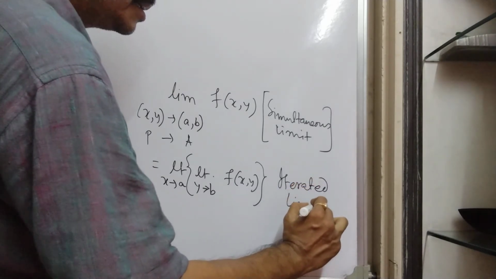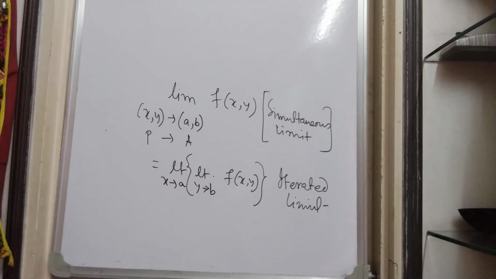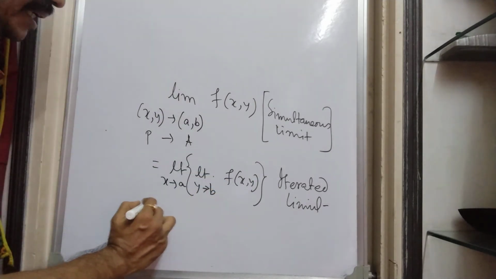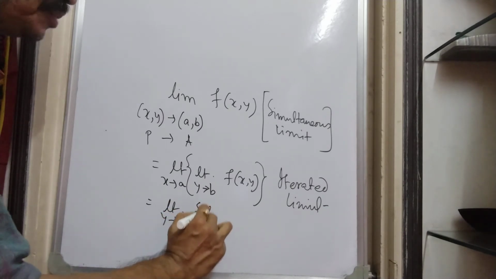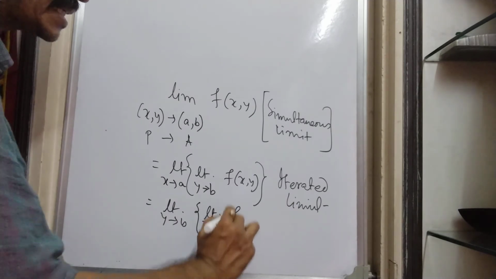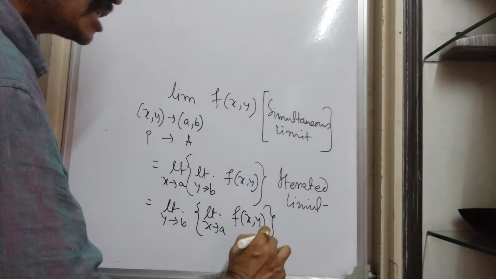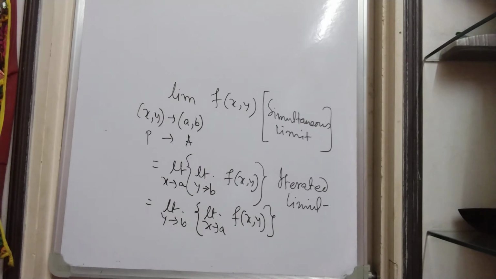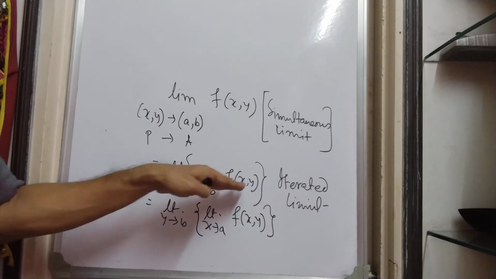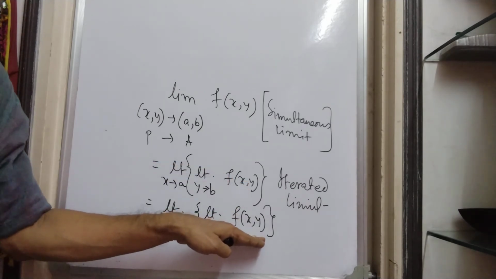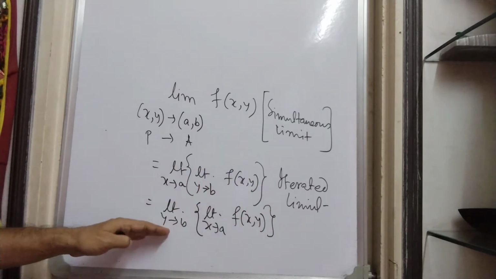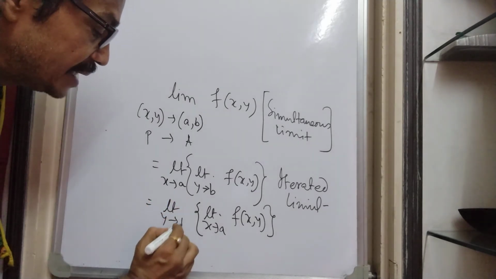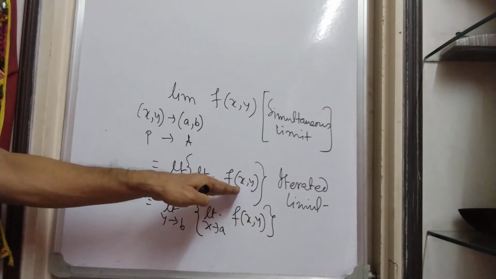It's quite conceivable. We are iterating. First we are taking the limit of y and then we are taking the limit of x, and that should be equal to the limit as y tends to b and limit as x tends to a of f(x,y). So they must be equal. This is also quite conceivable, because whether we take the limit of y first, or we take the limit of x tending to a first of f(x,y) and get a function of y alone and then take the limit as y tends to b, we must have the same result.